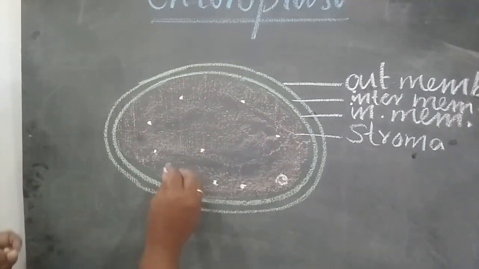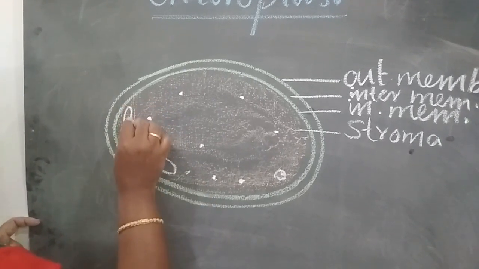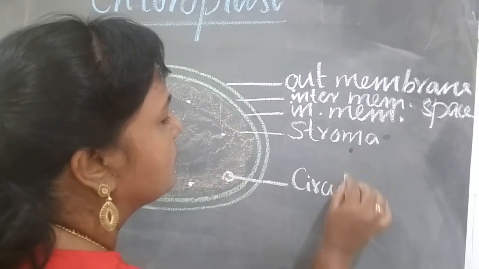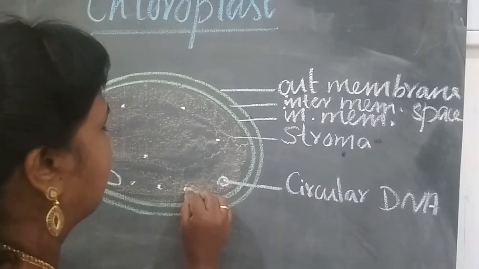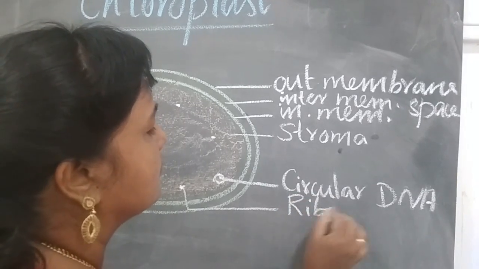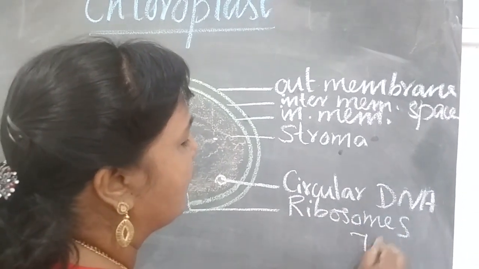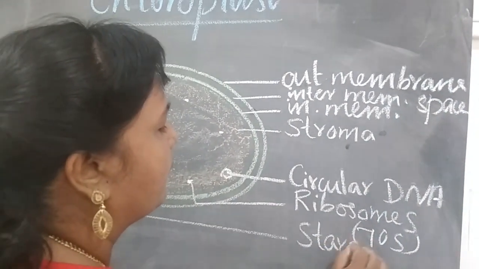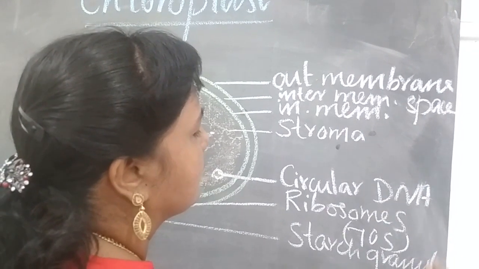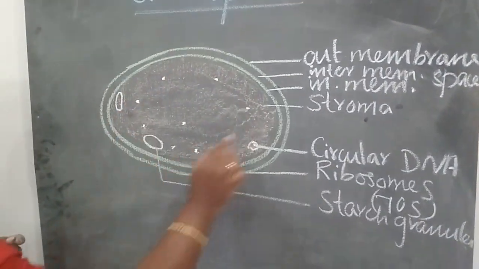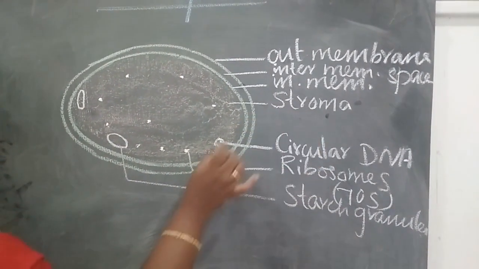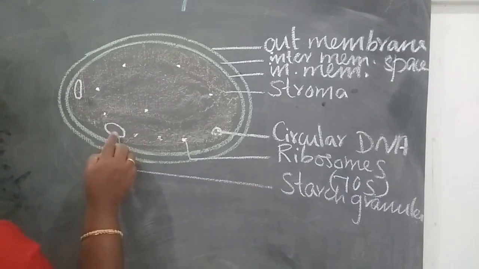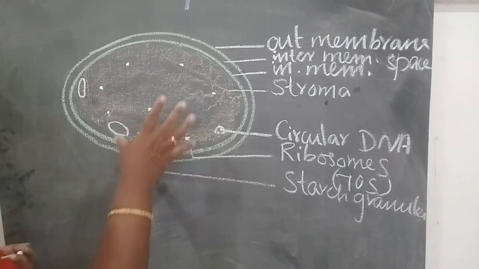These are 70S ribosomes. Then starch granules and lipid granules are found in the stroma.